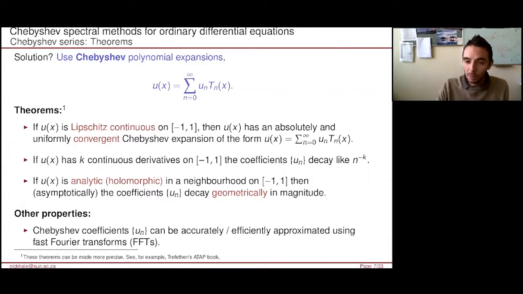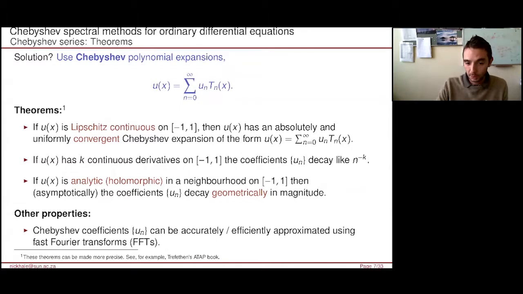And it turns out that if the solution u is just Lipschitz continuous, so it's a little bit more than continuity, a little bit less than continuously differentiable, then this series converges nicely. And by nicely, I mean it's absolutely and uniformly convergent. So, long story short, it converges nicely.